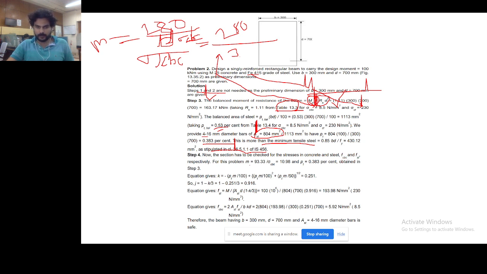For this problem, M is 99.33 by sigma CBC. We'll calculate like this. Sigma CBC we already know, PT we have calculated before, and then we'll use this equation. As I said, the K equation you have to remember. So by putting all the values in this, we'll calculate K.